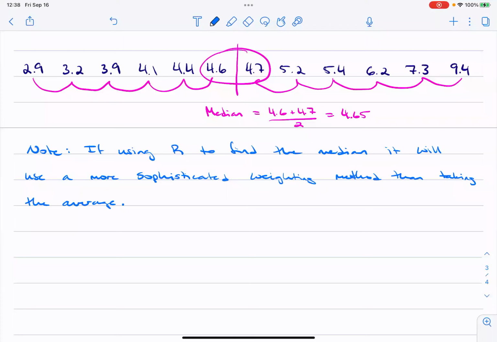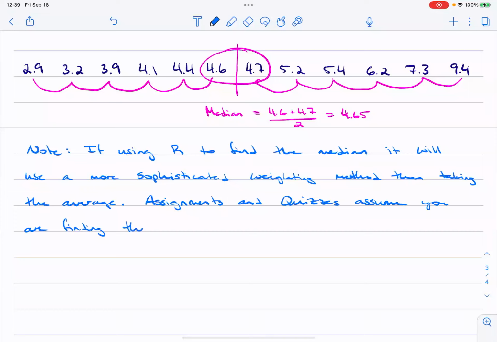Assignments and quizzes assume you are finding the values by hand, so not using software. So that's probably good to keep in mind. So that's how you find the median.